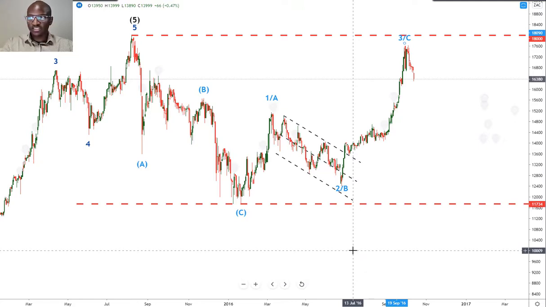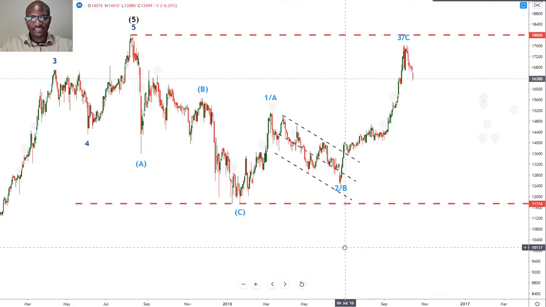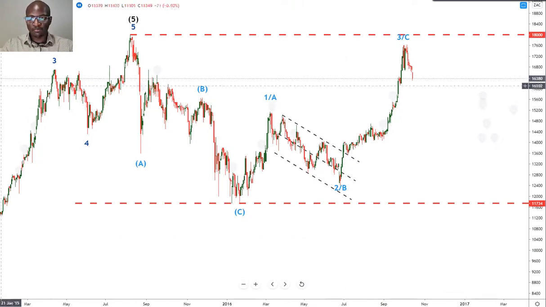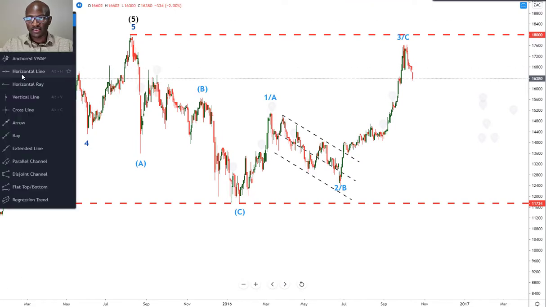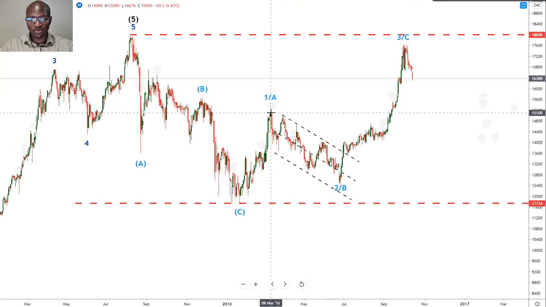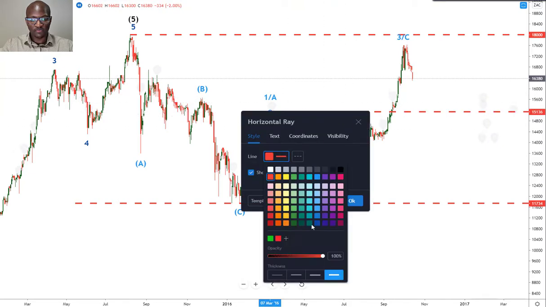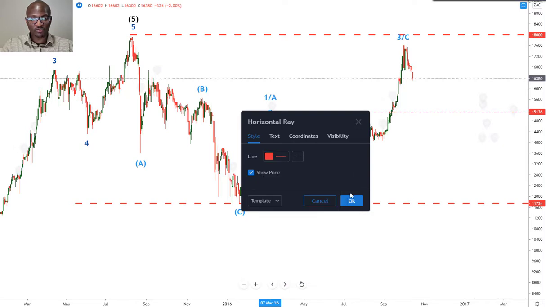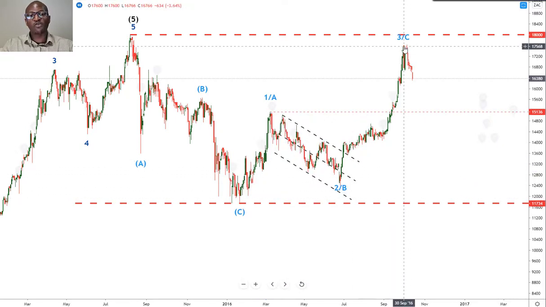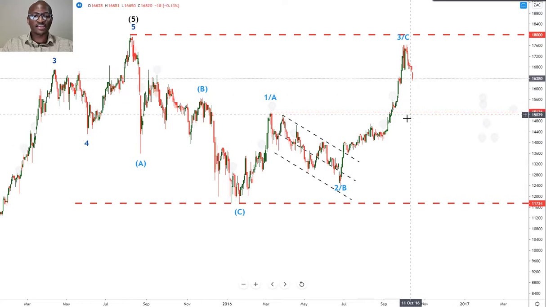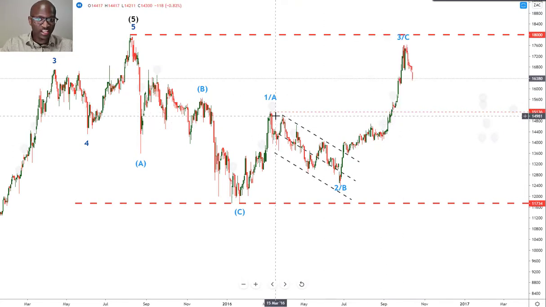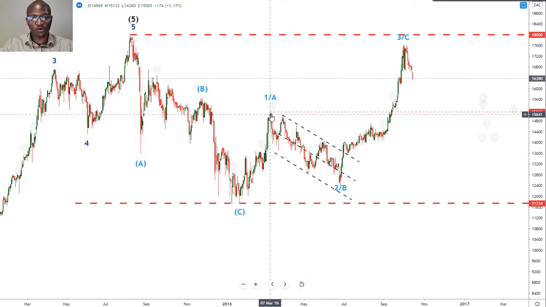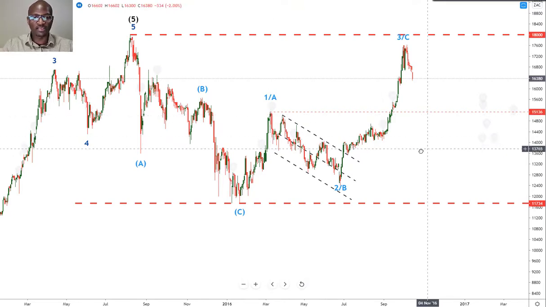Now, the first signal that we would get that this market is not impulsing is if we see a pullback back into the price territory of this wave 1 peak. So referring to the rules of the Elliott Wave Principle, wave 4 should not, or in general should not, enter the price territory of wave 1 and may not terminate in the price territory of wave 1.